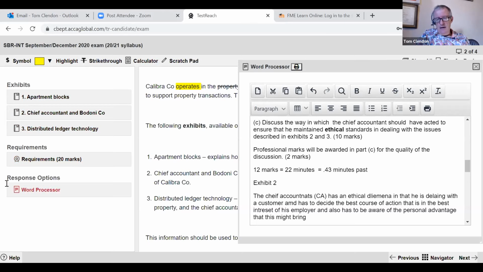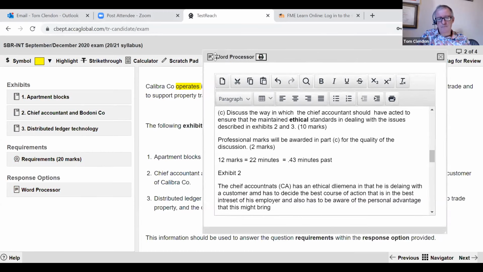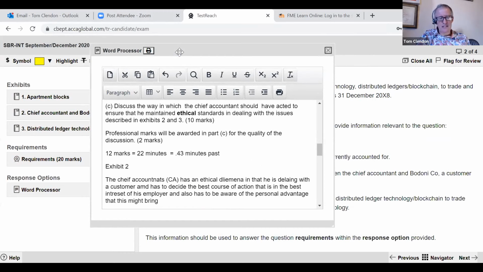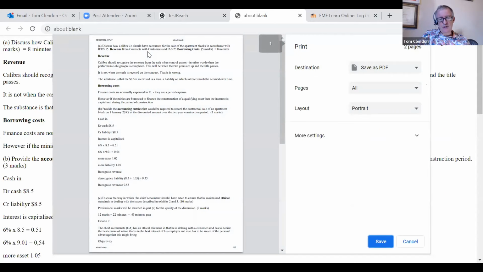Now, a few minor points. If you're doing this as an exercise and want to hand it in to your tutor for marking or to show your friend, if you see this button here, that enables you to save your answer.